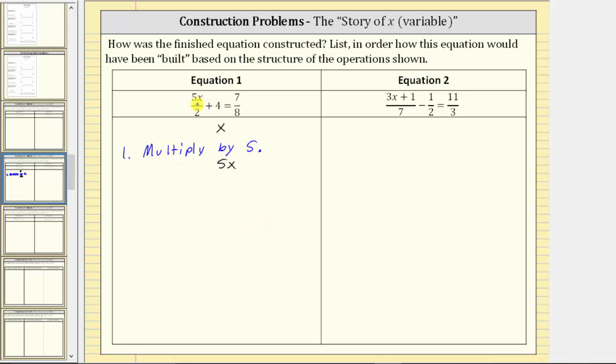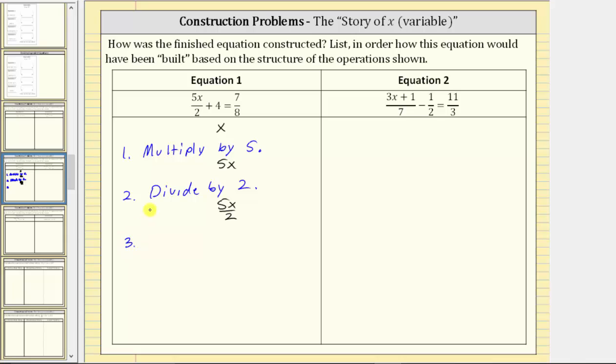A fraction bar means division, so 5x over 2 means 5x divided by 2, which means now we take this product and divide by 2. So step 2 is divide by 2. If we divide 5x by 2, this gives us the expression 5x divided by 2. Next we have 5x divided by 2 plus 4, which means we now take this quotient and add 4.